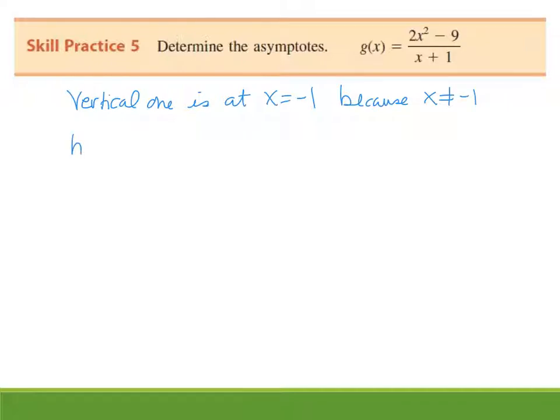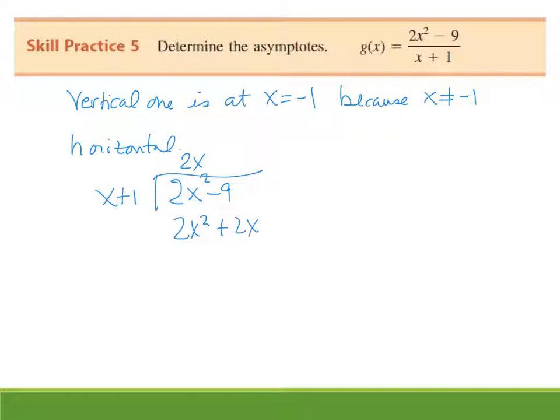And the horizontal is the following. We have 2x squared minus 9, and we divide out x plus 1. We get a 2x squared plus 2x, and all we care about in this particular case, we don't care about anything else.